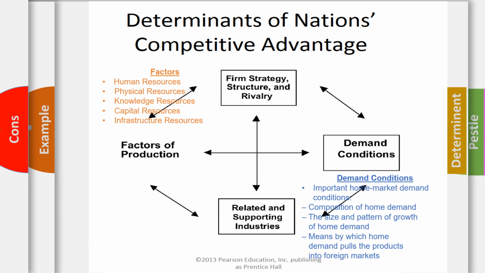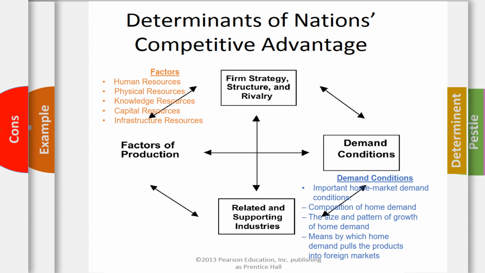The next determinant is the demand conditions. This is about the importance of home market demand conditions: the composition of home market demand, the size and pattern of growth of the home market demand, and the means by which the home market demand pulls the products into foreign markets. What we are talking about here is how much the demand within that country really puts pressure on companies to innovate and to change.